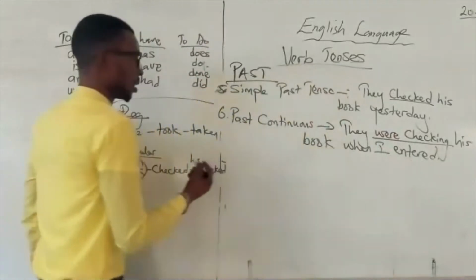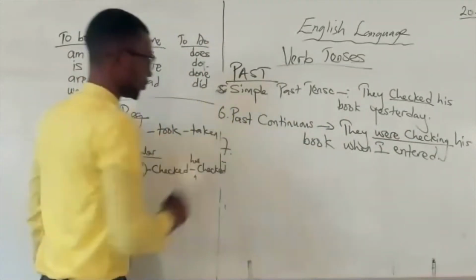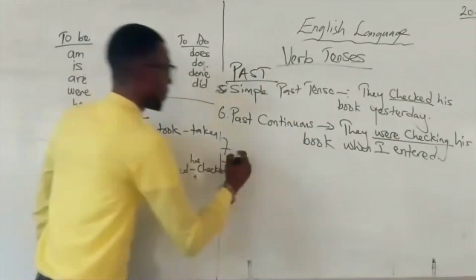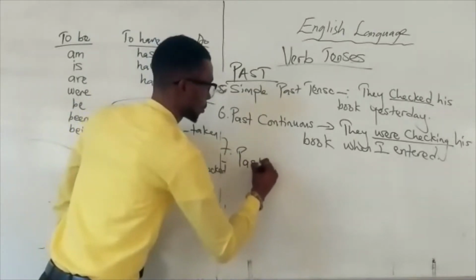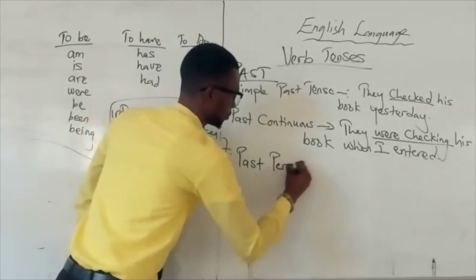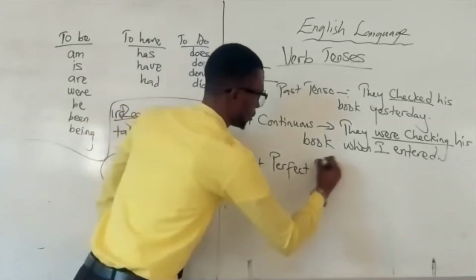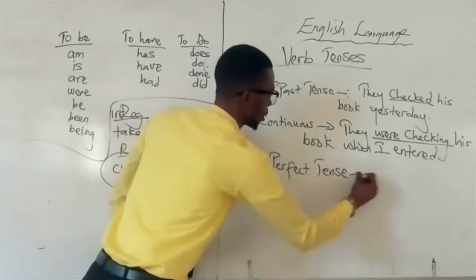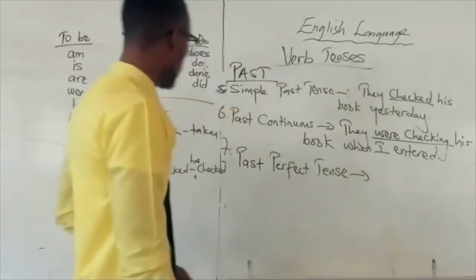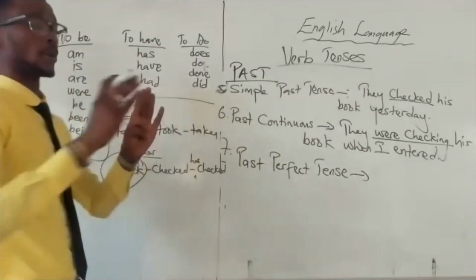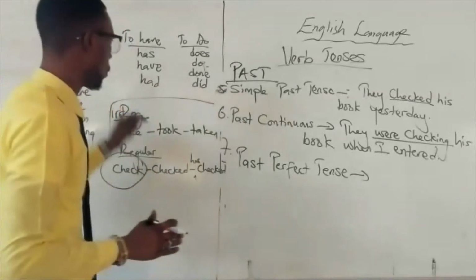All right. So number 7, we go to the past perfect tense. In order to form the past perfect tense form of the verb, we are going to use an auxiliary verb under the verb to have.